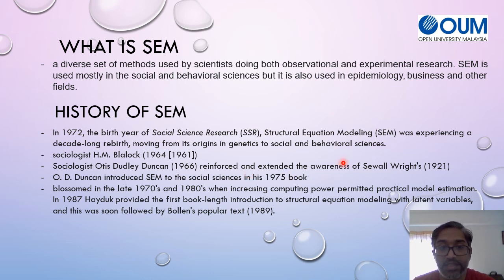O.D. Duncan introduced SEM to the social sciences in his 1975 book, and it blossomed in the late 1970s and 80s when increasing computing power permitted practical model estimation. In 1987, Hayduk provided the first book-length introduction to structural equation modeling with latent variables, soon followed by Bollen's popular text in 1989.